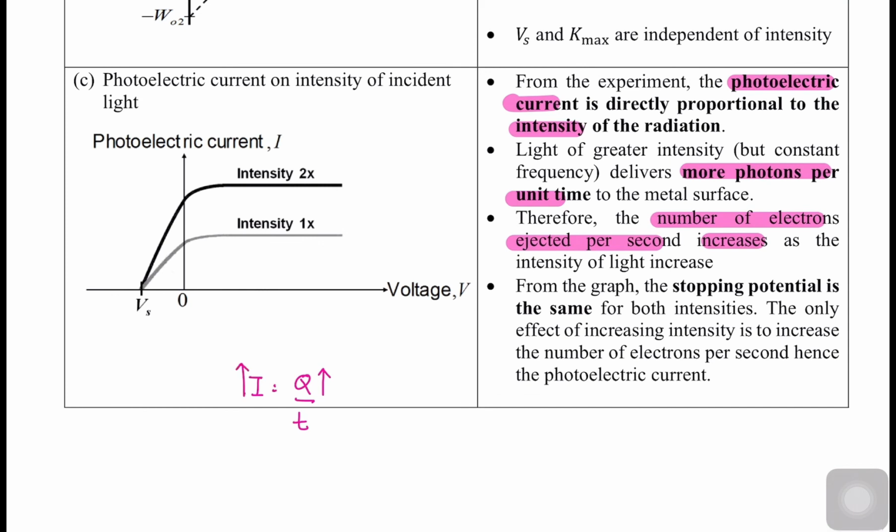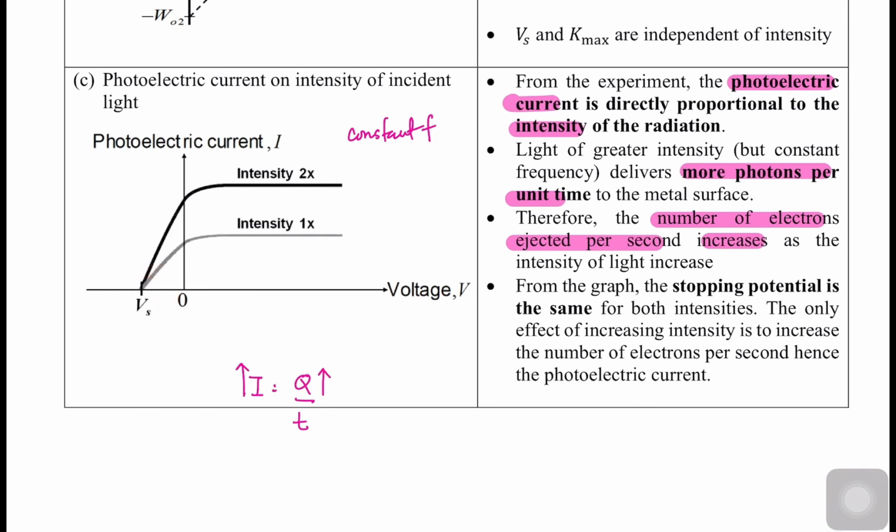Okay, so kalau kita tengok dekat sini, kita ada intensity first, double intensity. So basically with constant frequency. Okay, sebab tu Vs is sama, sebab frequency of the photon is the same.